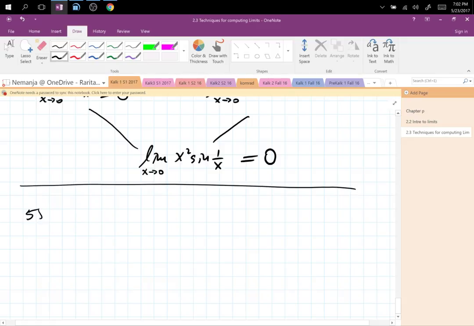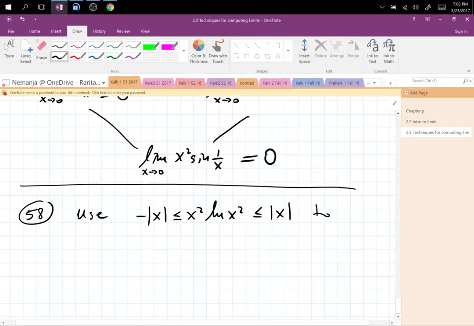You're going to love this one. Use negative absolute value of x less than or equal to x squared ln x squared less than or equal to positive absolute value of x to solve.